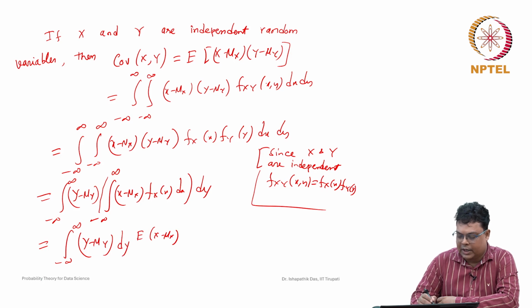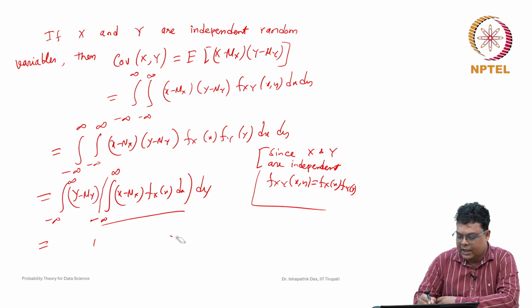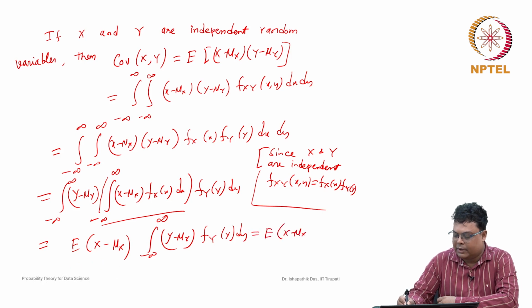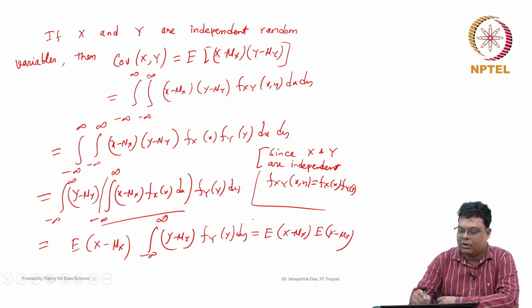So we can write this as expected value of x minus mu x, and then the remaining integral from minus infinity to plus infinity of (y minus mu y) f y (y) dy. Sorry, I missed the f y (y) term here. So finally what we get is equal to expected value of x minus mu x into expected value of y minus mu y. So, that we just wrote.